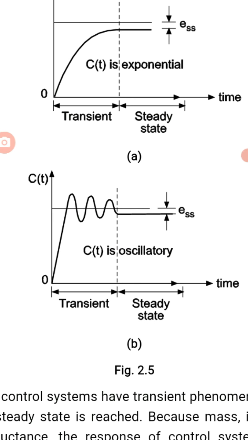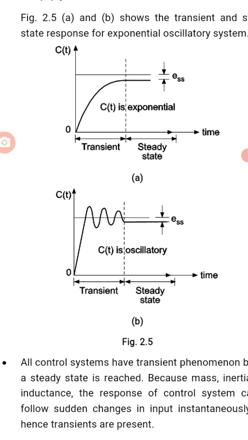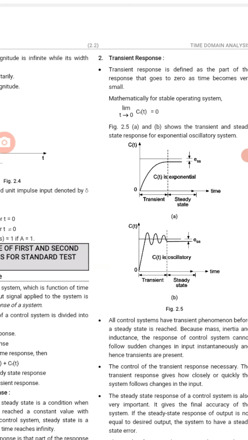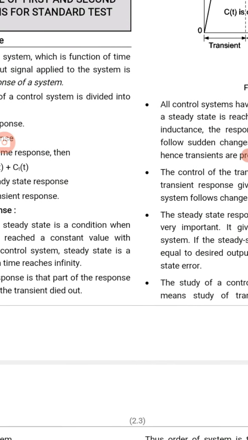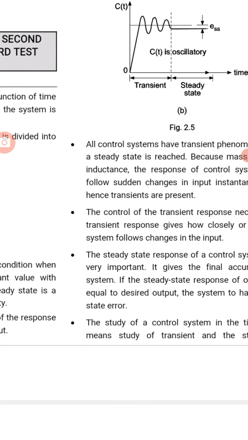Steady state means when the output becomes steady at 1 volt, and transient means when the output changes from 0 to 1 volt. This is what steady state and transient response are.